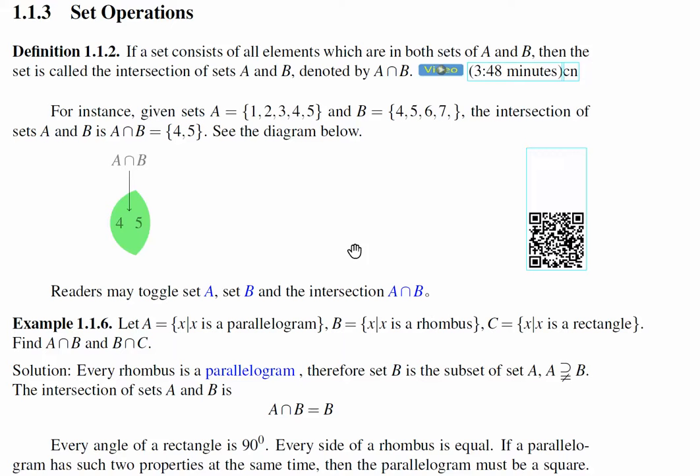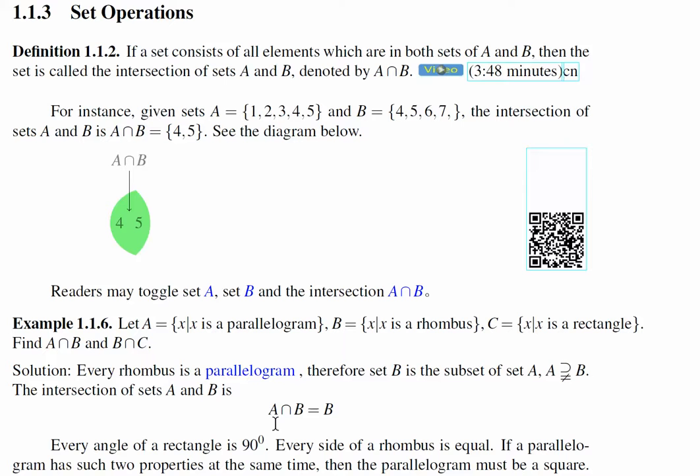So it's like A is a big circle, and then B is contained in A. So the common part of A and B, of course, is the smaller part, B. We have seen this before, so you have to review that.